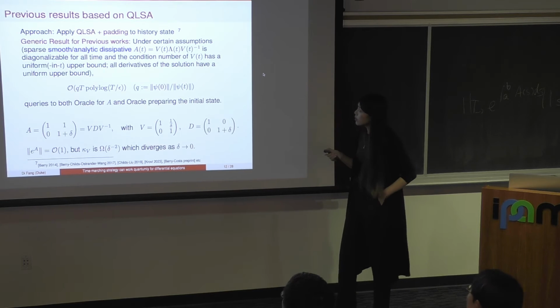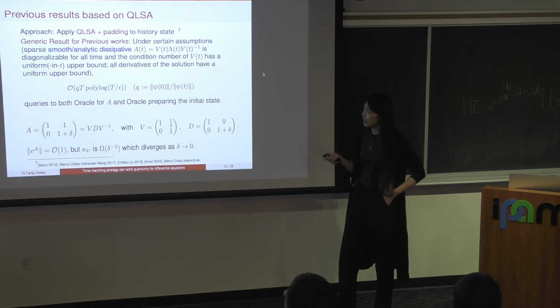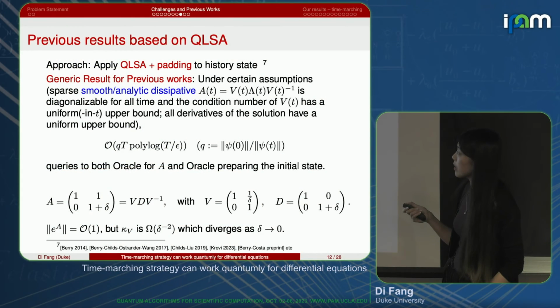Thank you. Yeah. So, another assumption that is typically used in order to keep the condition number bounded is that one typically assumes A is diagonalizable for all time, which may not always be satisfied. And on top of that, you want to assume the condition number of V has a uniform upper bound, which actually comes linearly in terms of the complexity cost.